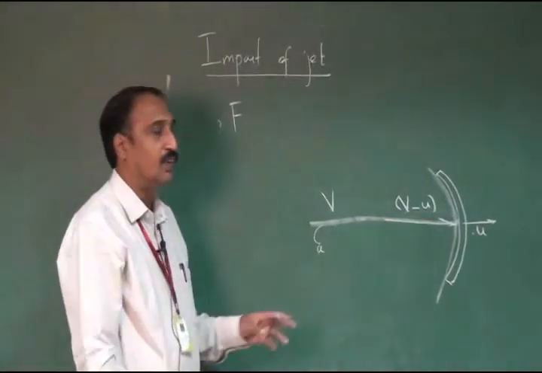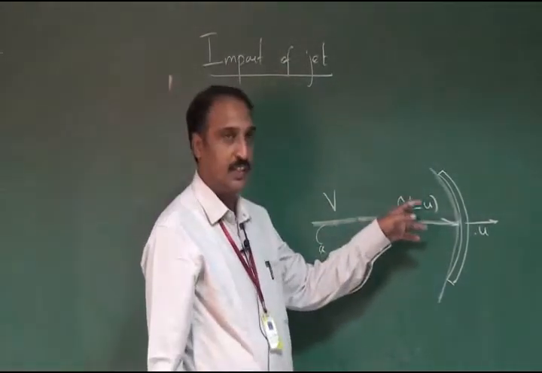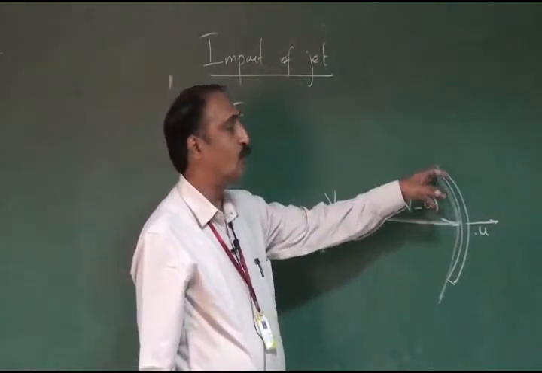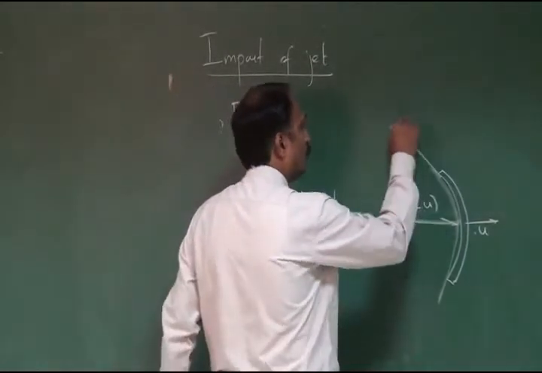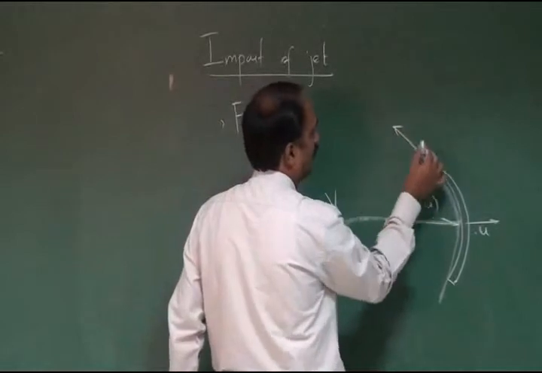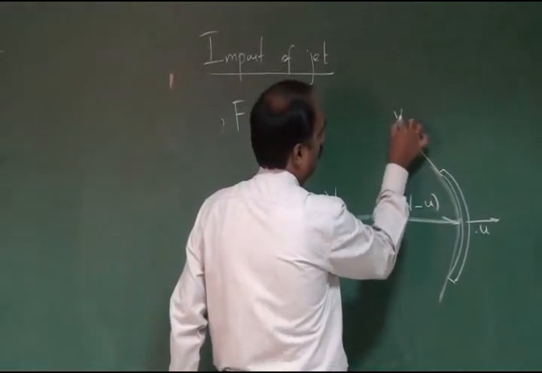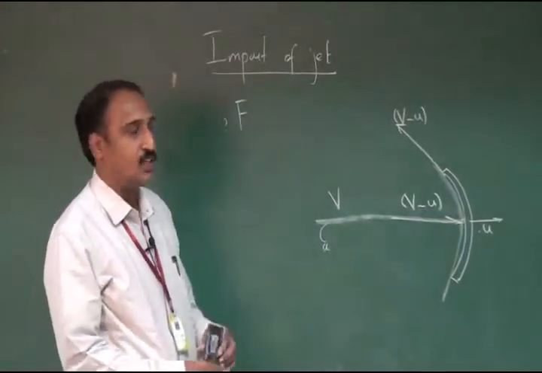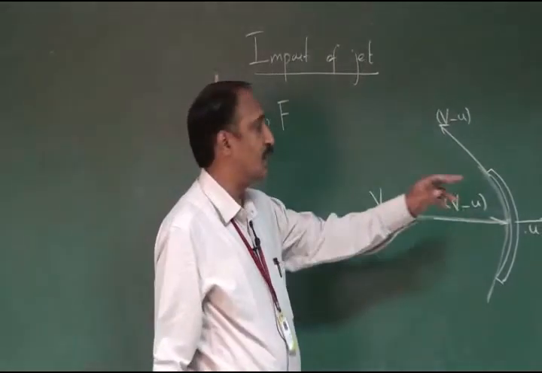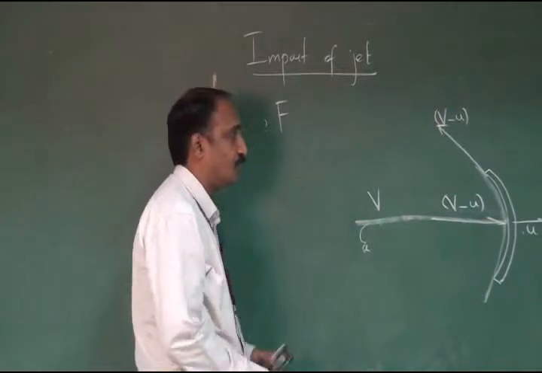Now the velocity of the water jet leaving the outlet of the plate is equal to the same relative velocity, V minus u. This is considered by assuming a no energy loss condition.